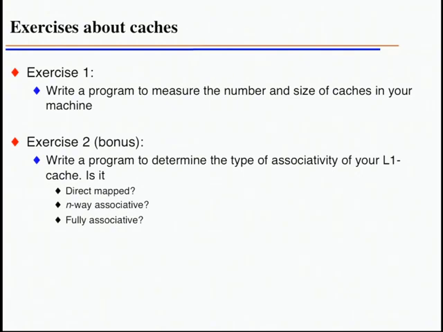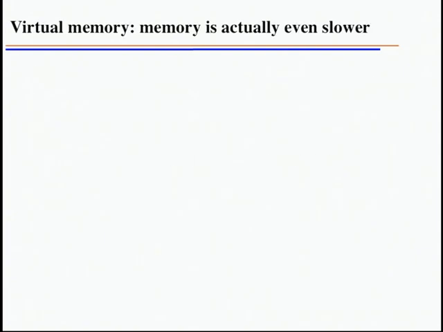So if you're really keen and the first part was too simple, then try to see in your data if you can see the associativity of your level 1 cache. That's a bit more of a challenge. Okay. So any questions on the caches? No?